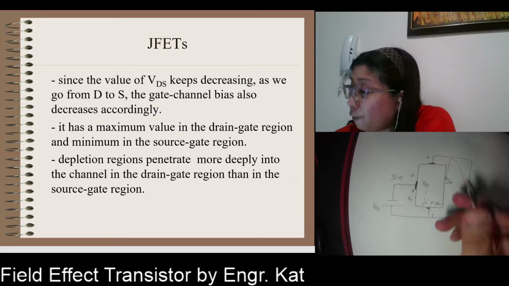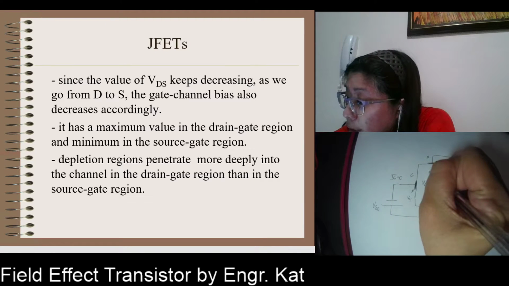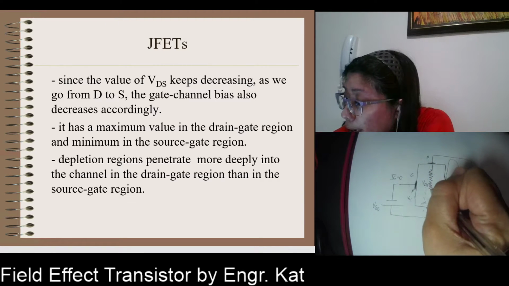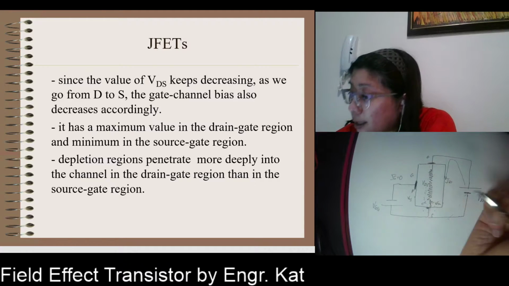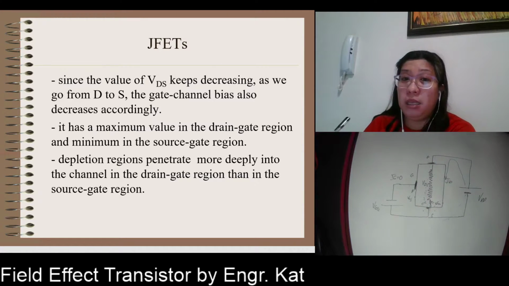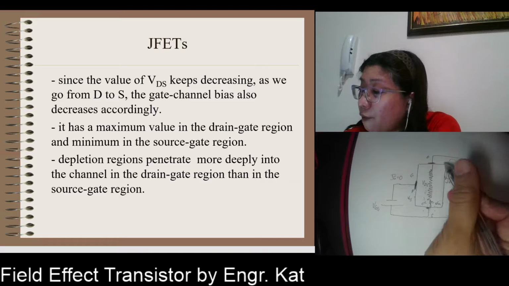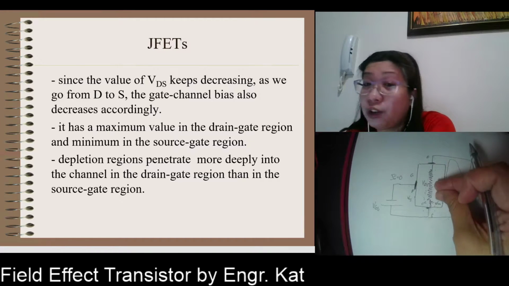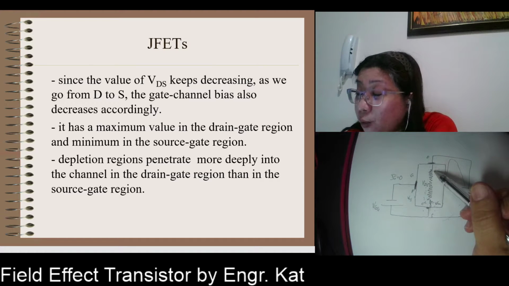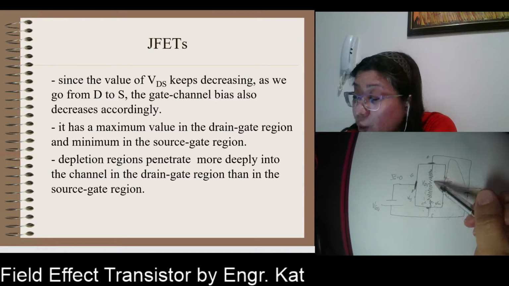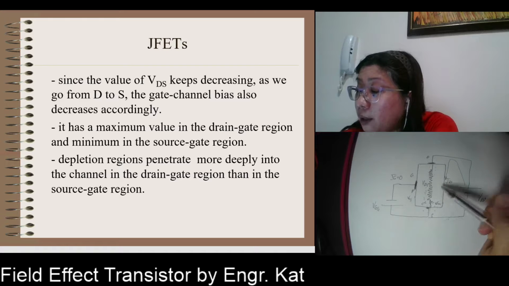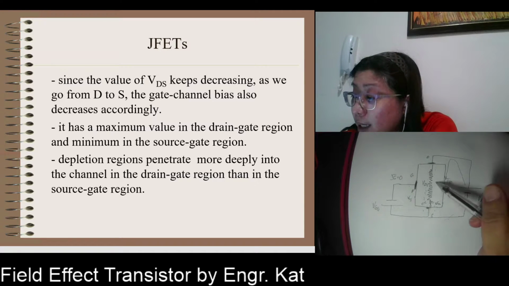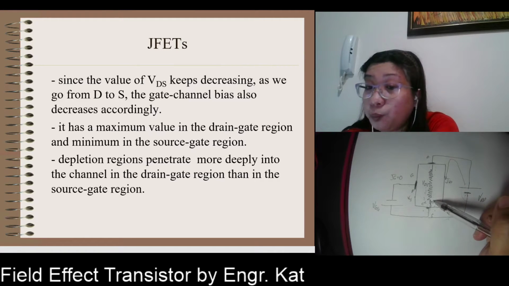So if you're going to imagine, okay, you have a resistance, an entire resistance at the middle. So every time you have here your current, what happens? You have a voltage drop. Okay, so you have a voltage drop. So every time it goes down, the source VDD is somewhat subtracting.